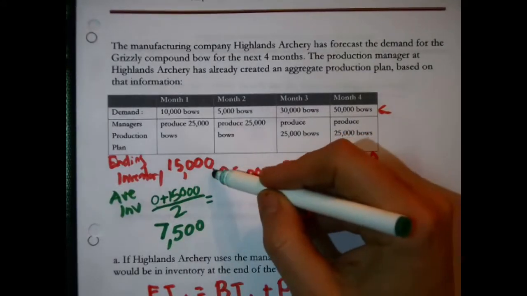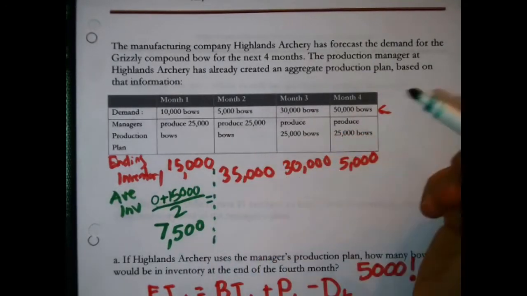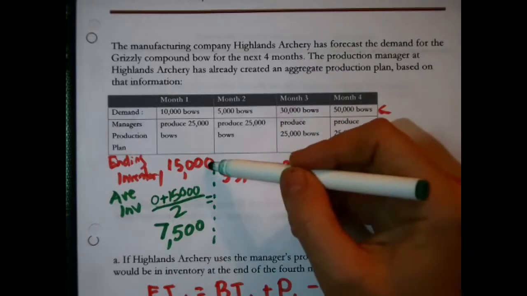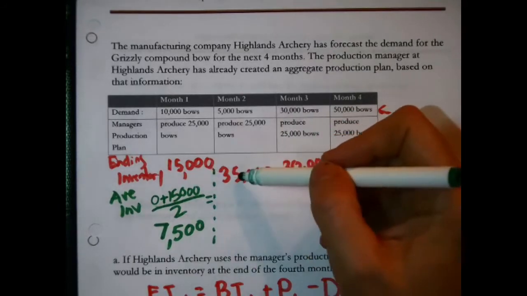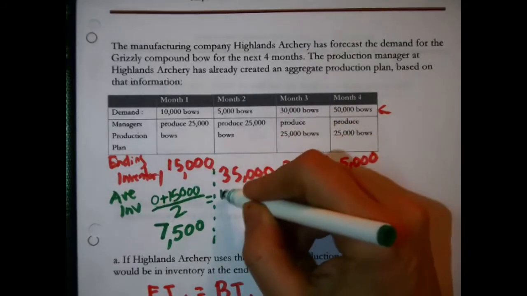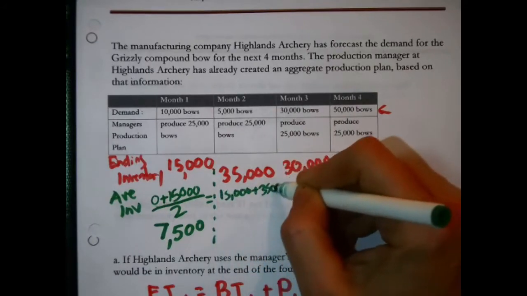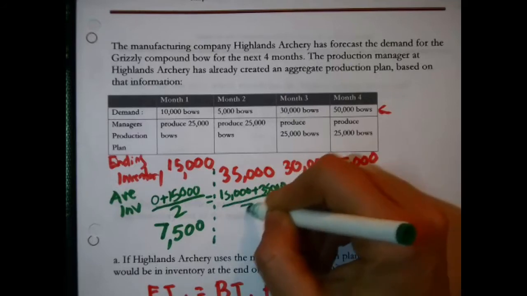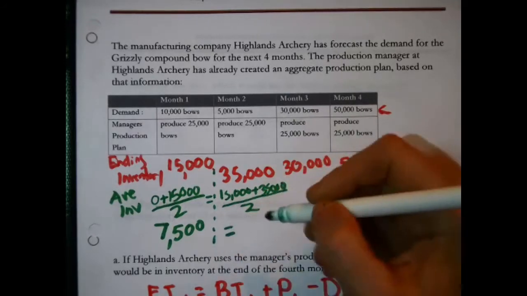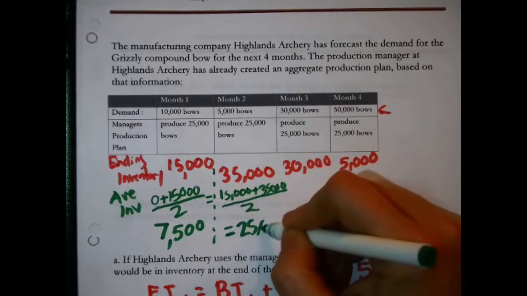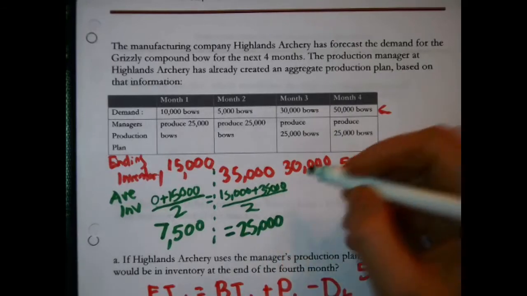Now, the second month begins with 15,000 and ends with 35,000. So you'd want to say 15,000 plus 35,000 divided by 2. I get, wow, the average inventory has shot up now to 25,000.